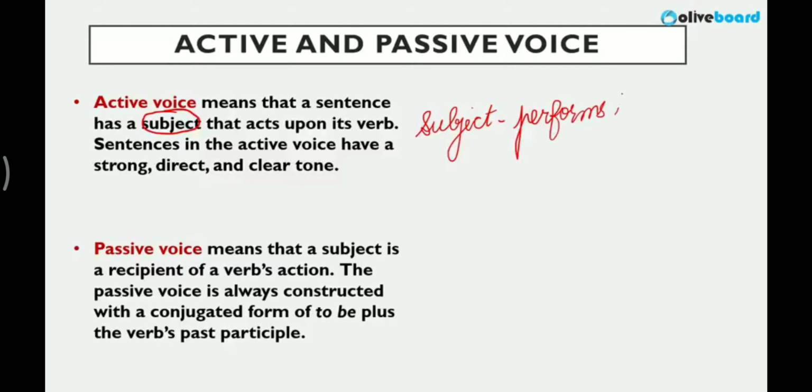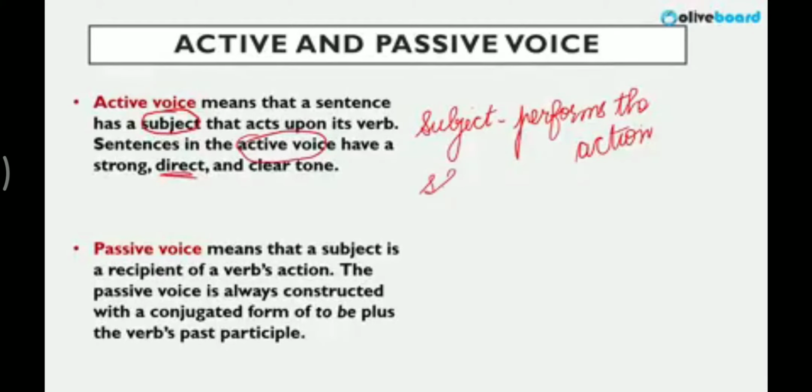Please remember that sentences in active voice are more direct and more clear. If I say, she wrote a letter, she is the subject and wrote is the action she is doing. It's pretty clear and straightforward.